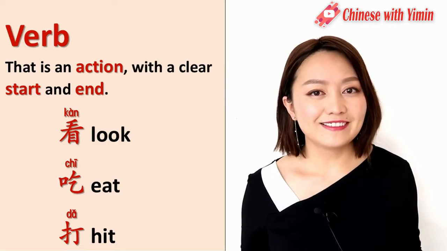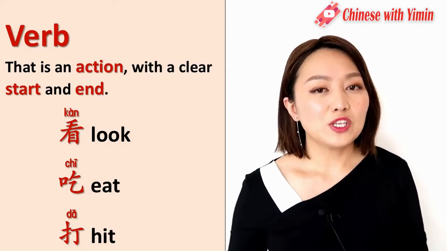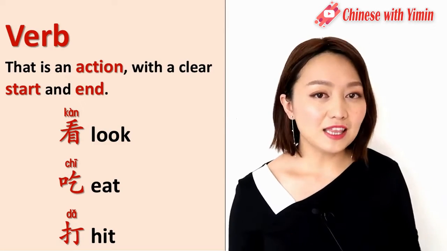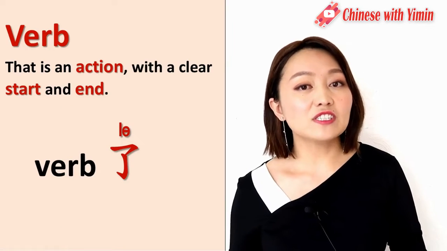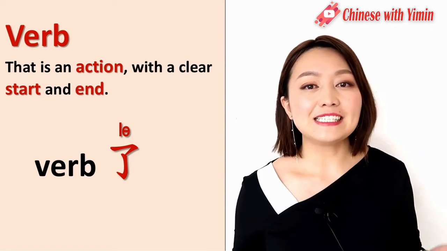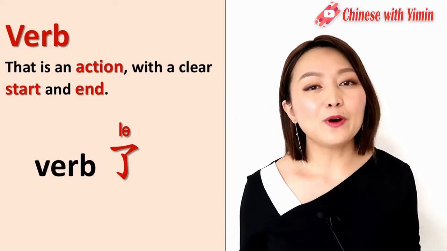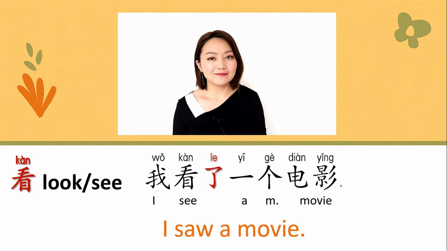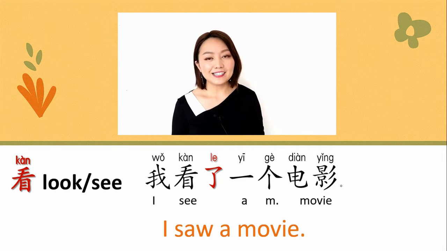So it's action. For this kind of verb, you need the function word 了 after the verb to express the past tense. For example, 看, look. The sentence, 我看了一个电影. I saw a movie. We just put the function word 了 after the verb 看. 我看了一个电影.